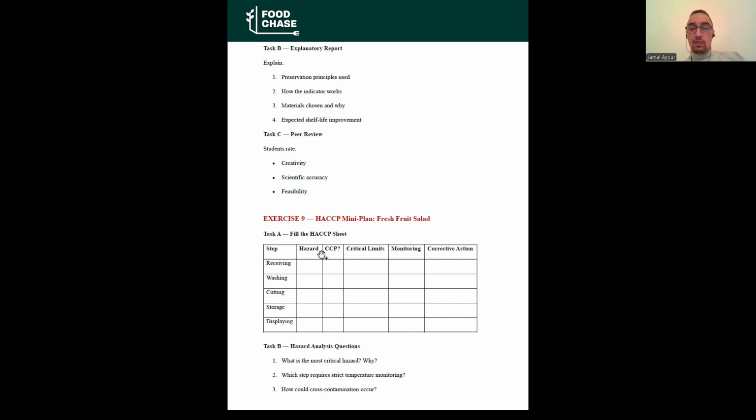The objective of this task is the practical application of the HACCP method, to understand the process step by step, used for fresh fruit salad. Then for each step, identify whether it is a CCP or not, and add the criteria, the different critical limits, monitoring, or corrective actions. This is an exercise step for the application of HACCP.